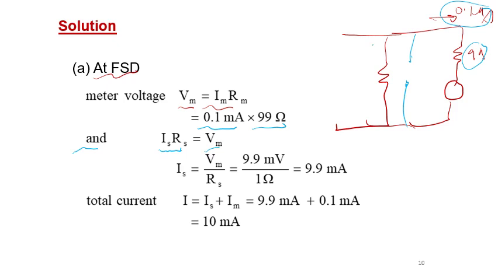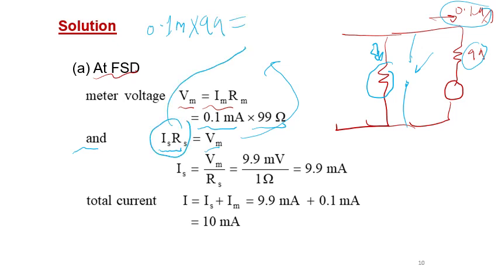Also, he's saying this current, Is or I shunt, times Rs or R shunt. This current times this resistance equals the same value. So he wants to say here that 0.1 milli times 99 is equal to this value, IsRs.